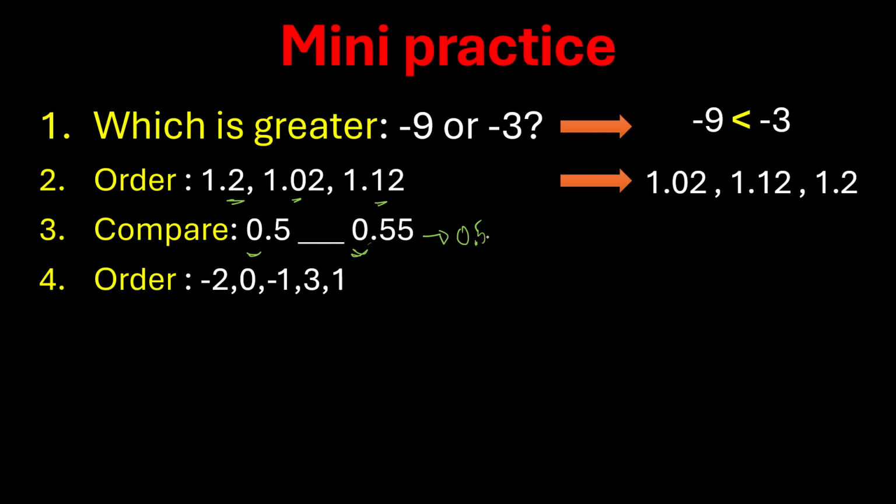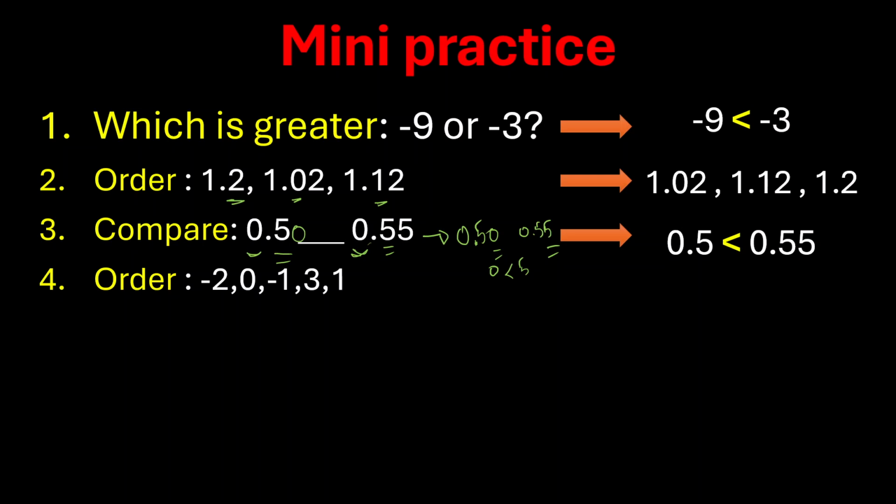So 5 equal 5. Okay, 5 equal 5, right? In this case, we have to compare 0. So we add 0 and with 5. So 5 is greater than 0, then the second number is the greatest.